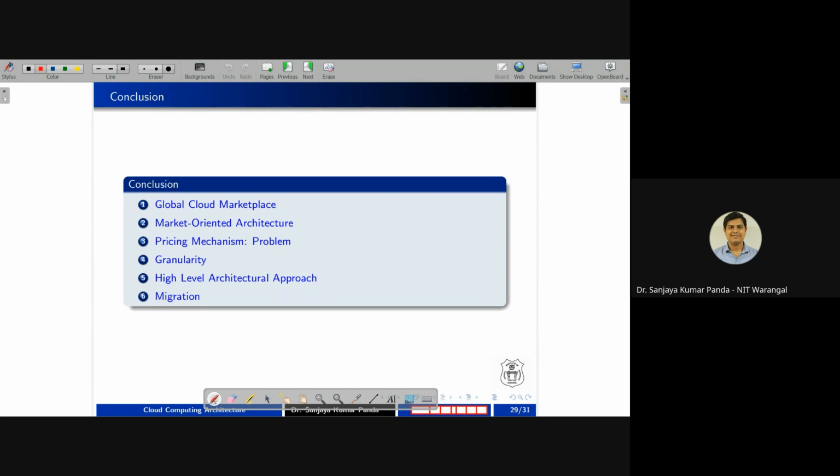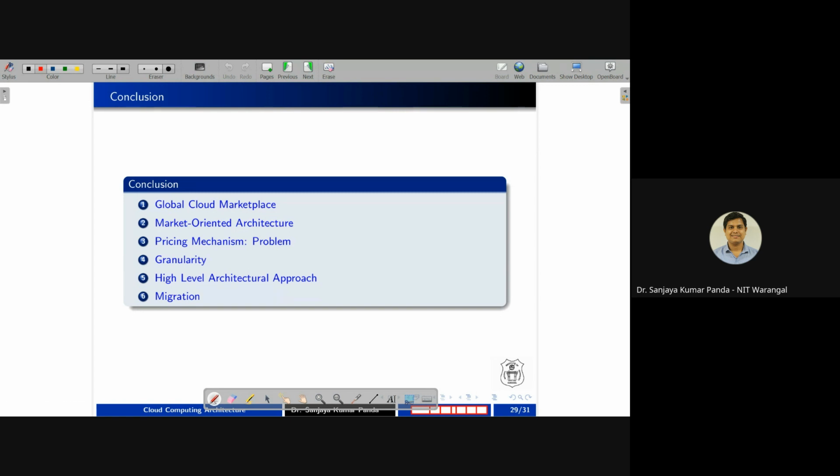Then I told you about the concept of granularity, scalability, and different types of scalability. I told you the high-level architectural approach from three perspectives: the business goal perspective, the quality attribute perspective, and the architectural practice perspective. We also saw how to calculate the total cost of ownership under this high-level architectural framework, and compared it with our IaaS, PaaS, and SaaS model.